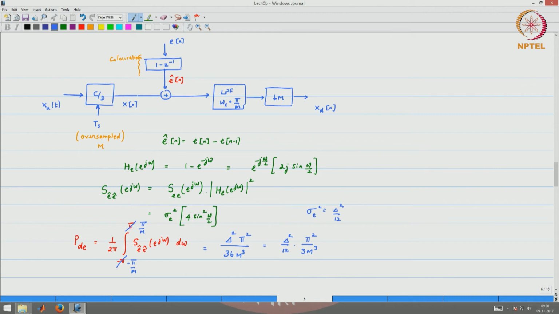Okay. Now, delta itself is equal to x of m subscript m by 2 raised to b.